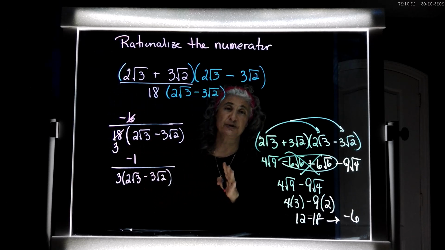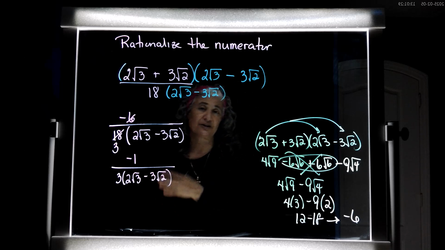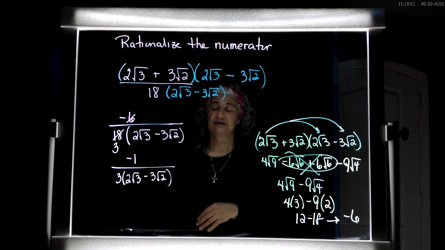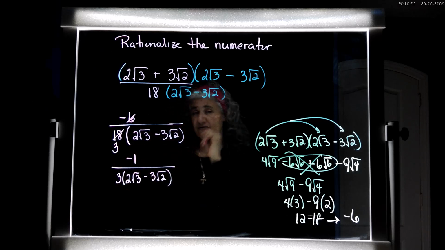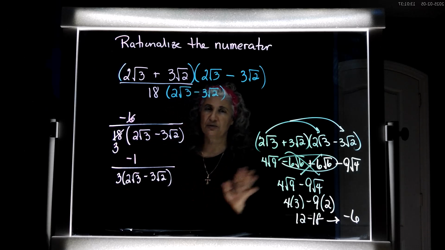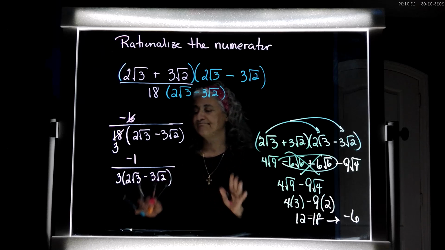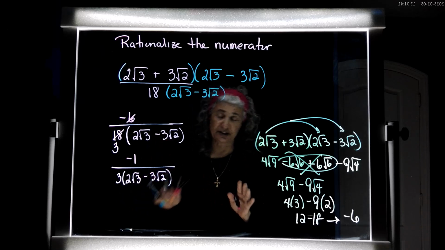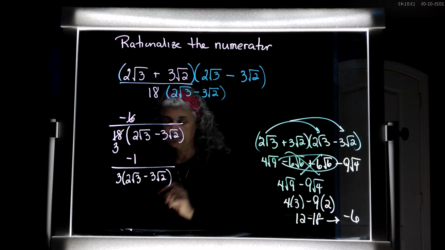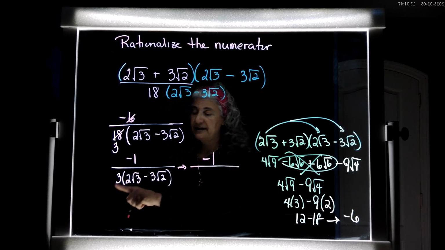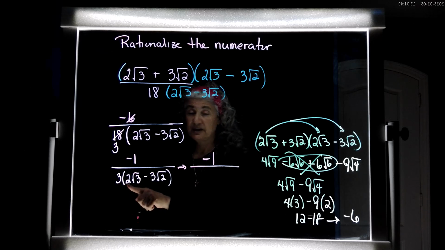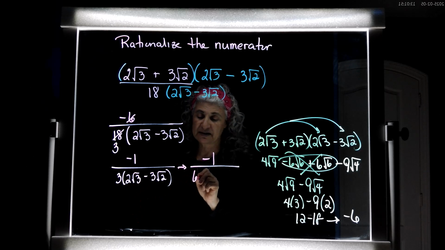I always distribute, in this case, the denominator last. Because if I can reduce, I want to see the reducing I can do first. I don't want to wait till the end when everything looks really cluttered, shall I say. Okay, so I'm going to write it to the side here. So negative 1 times. Now distribute. 3 times 2, yeah. 6 times the square root of 3.